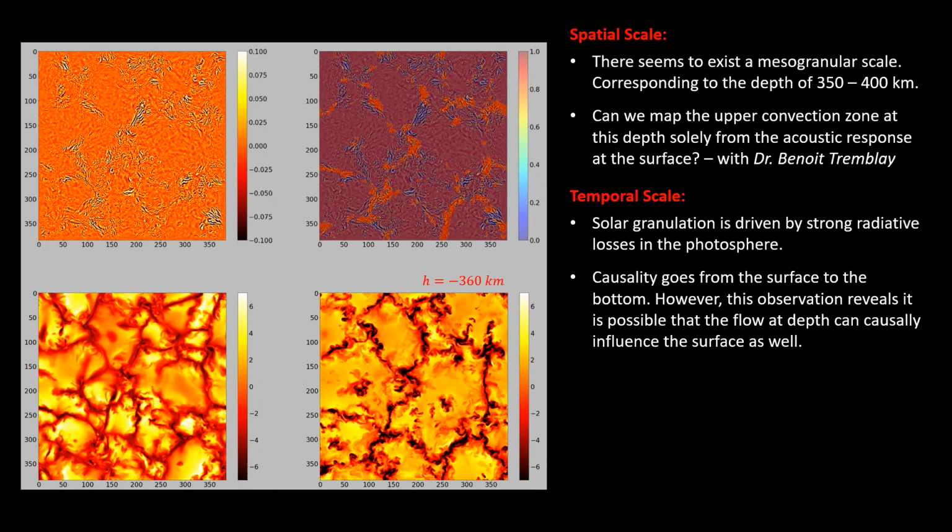But what we know is that solar granulation is usually driven from the surface. That means causality goes from the top to the bottom, right? But here, at least in terms of acoustic flows, causality is going the other way around, right?